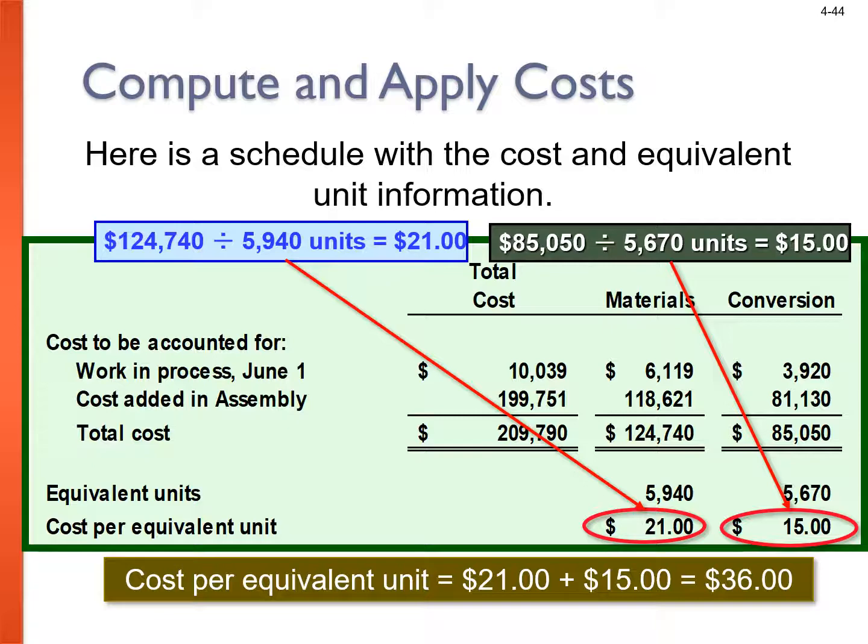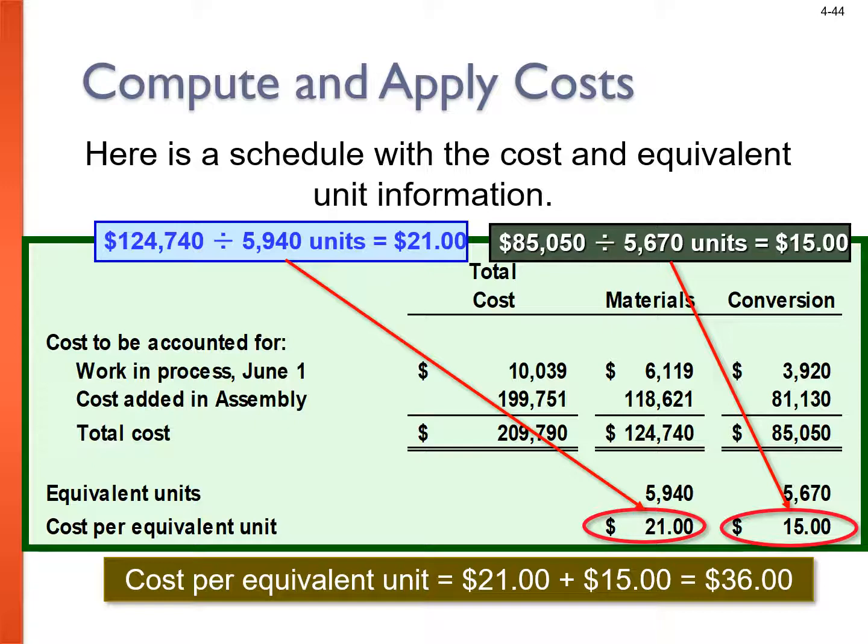So the cost per equivalent unit for materials is $21 per unit. We do the same computation using the conversion cost total. So we take the beginning amount that came in to the beginning of the period from the units that were started but not completed, plus the additional amount paid for during the month, and divide that by the equivalent units completed at the end of the month: $15 per unit.